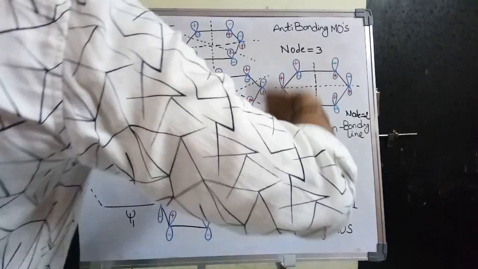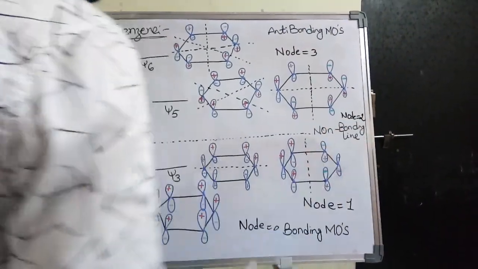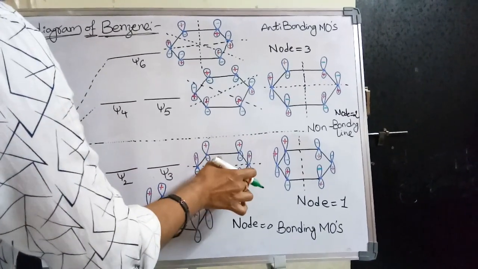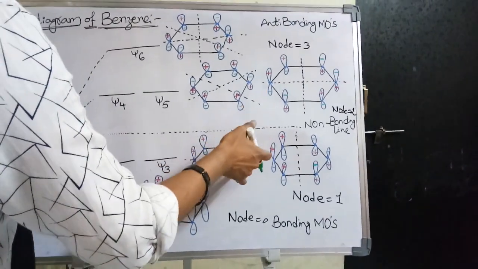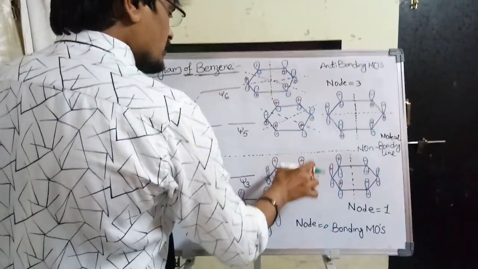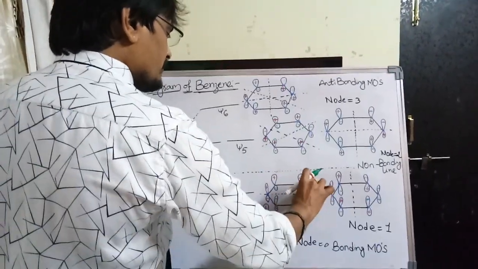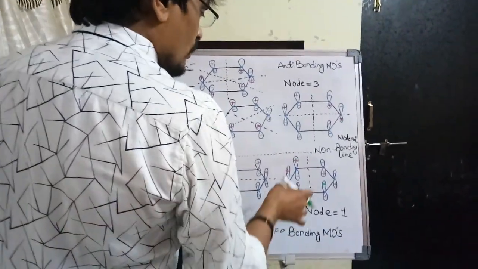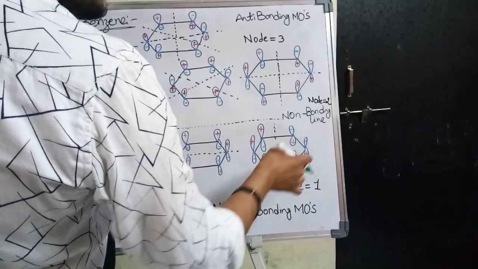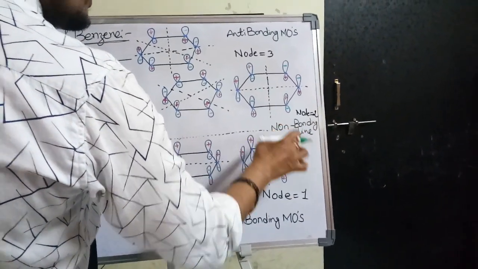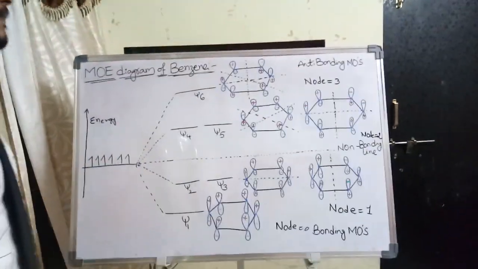And as we are moving ahead, if the node is 1, what is happening? Positive, positive, negative, negative. So there is a change over here. So overlapping between this is possible, between this is possible. Between these two is not possible. In this case, overlapping between this is possible, this is possible, this is possible, but this combination is not possible, this combination is not possible.